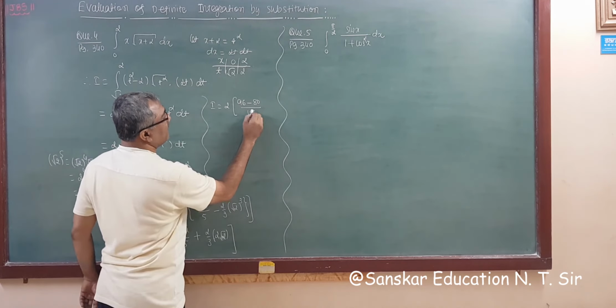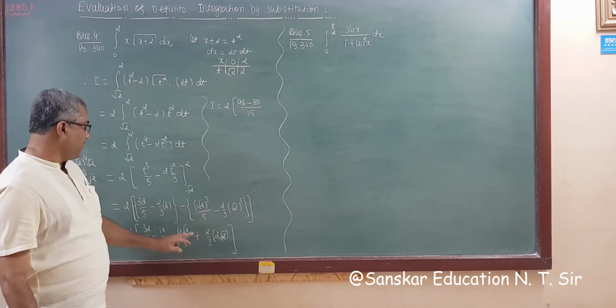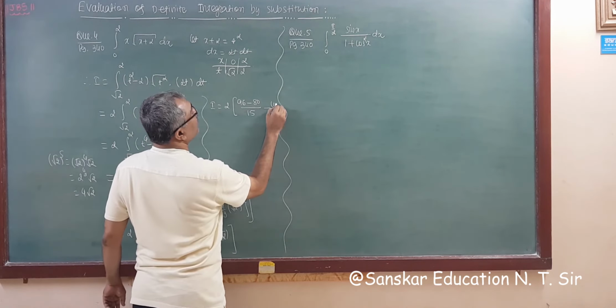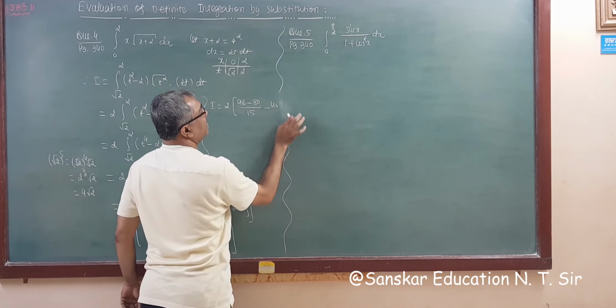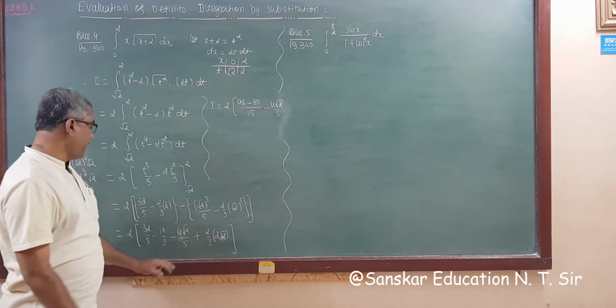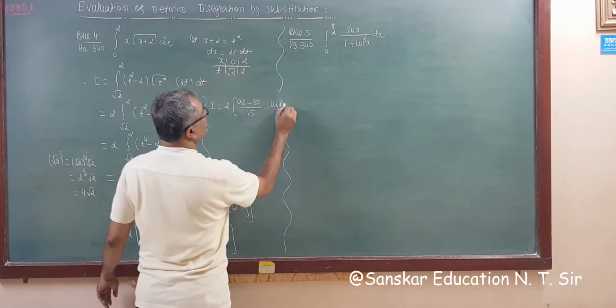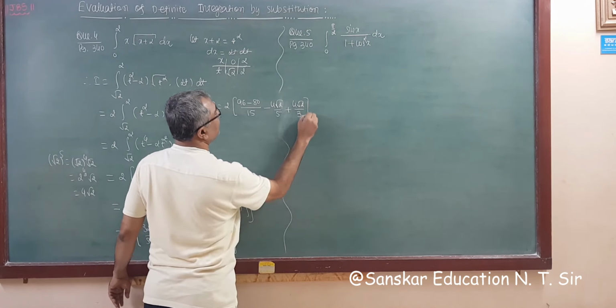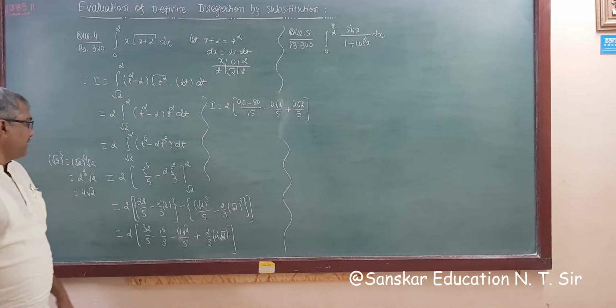Now this is minus 4 root 2 by 5, and plus 4 root 2 by 3.